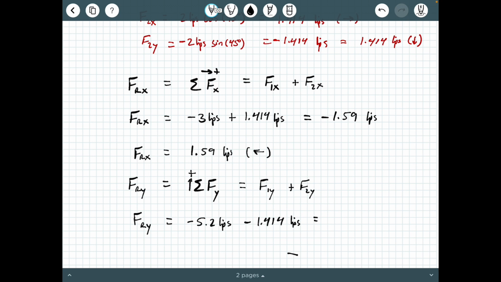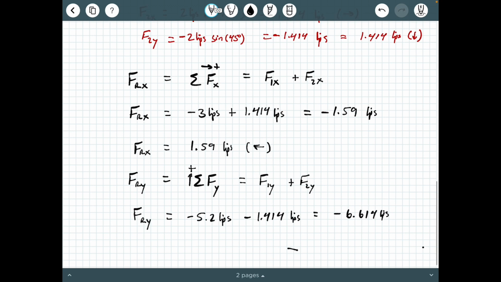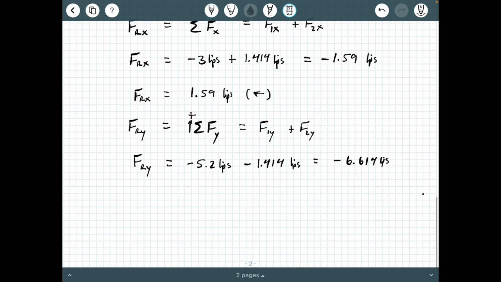We get negative 6.614 kips. And what does that negative indicate about our y component of the resultant force? Well, that indicates that FRY is pointing down. So we could say 6.614 kips pointing downward. Okay?